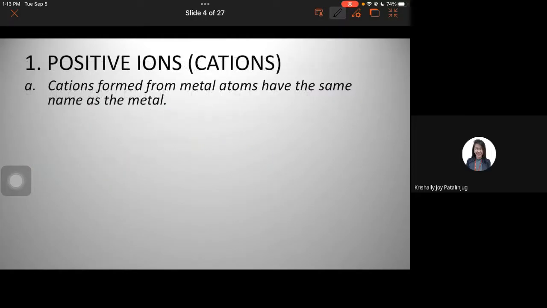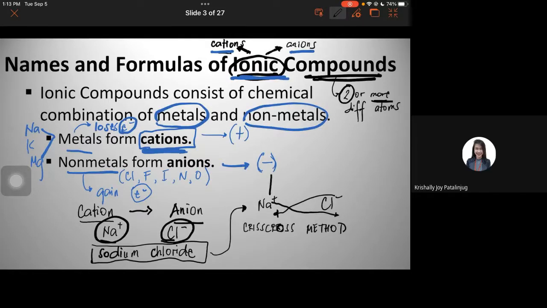Again, the numerical value, the numbers of the charges. If there's no number in the charge, it means 1. So the numerical value will become the subscript of the other ion. You just cross over the numerical charges, and that becomes NaCl.